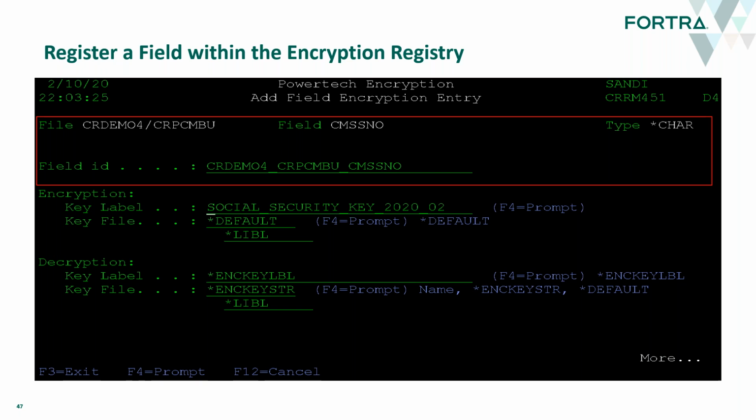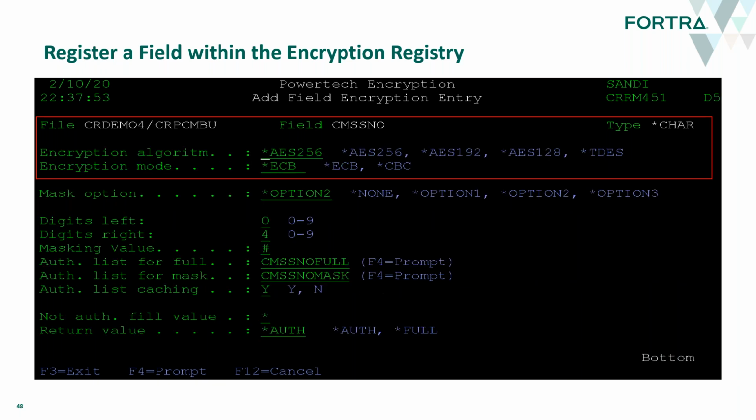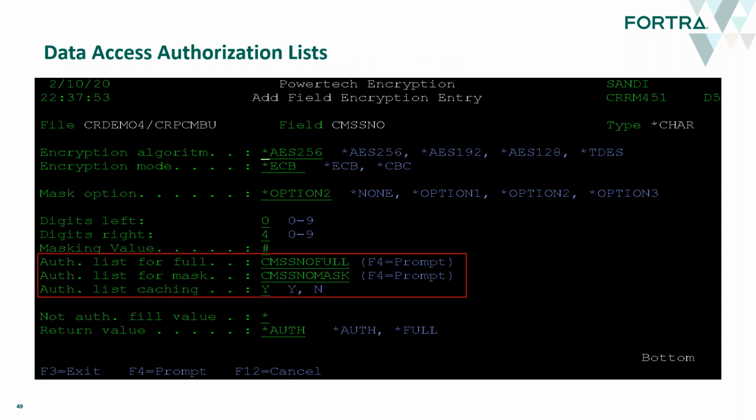So being able to configure based on the field type, where that field is and what file it is in, you'll be able to add the specific encryption algorithm as well as the encryption mode. So ensuring that you've selected the level of encryption that best meets your requirements.